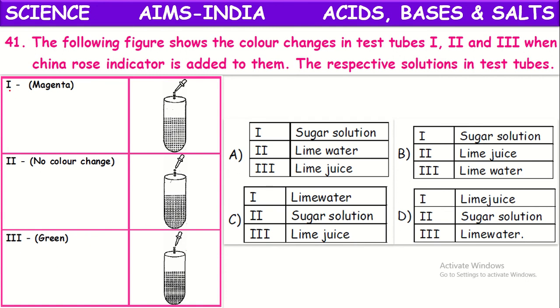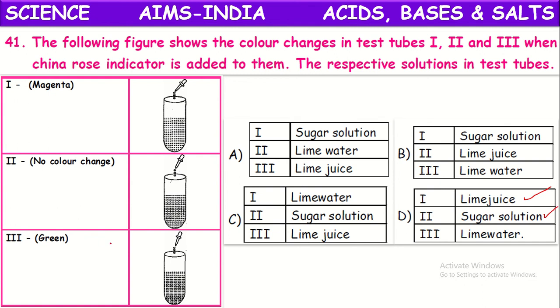Magenta color is given by china rose with acidic solutions. So the first one should be an acid. They won't show any color with a neutral solution, so the second one should be a neutral solution. Sugar solution is neutral.